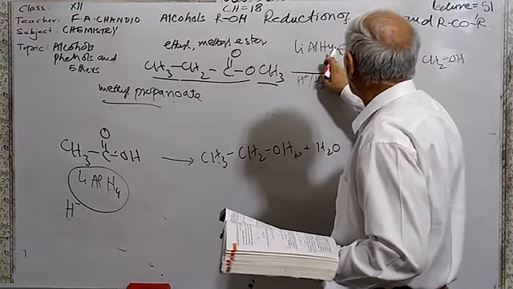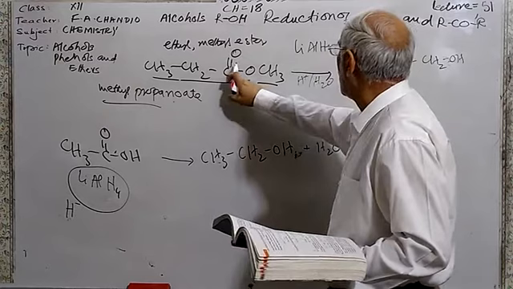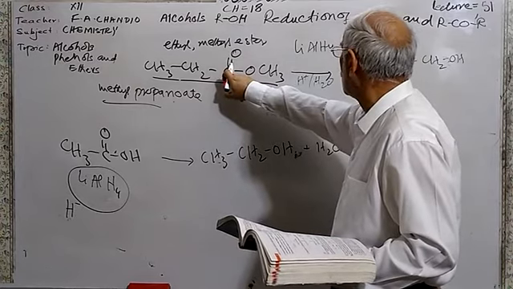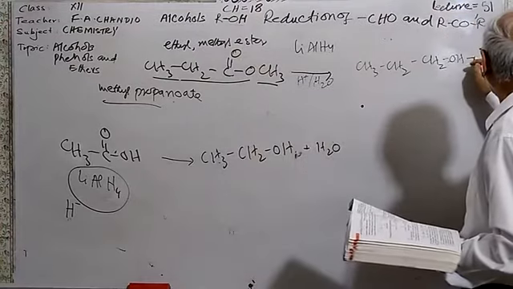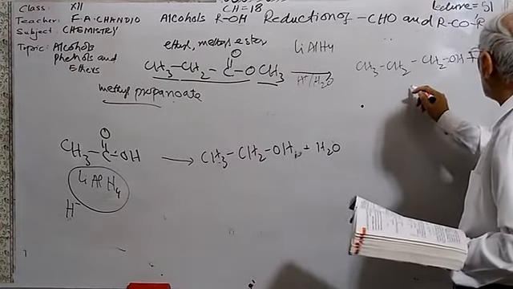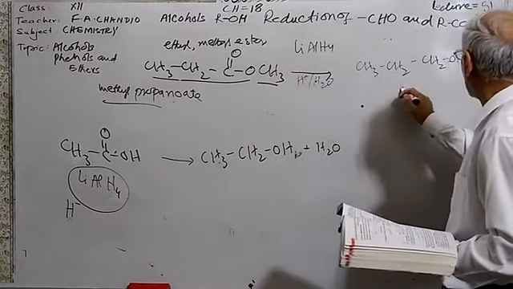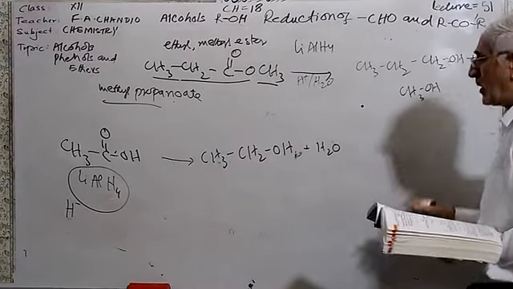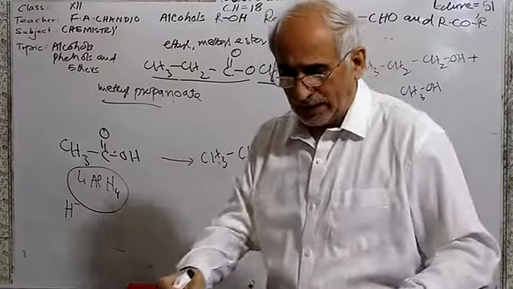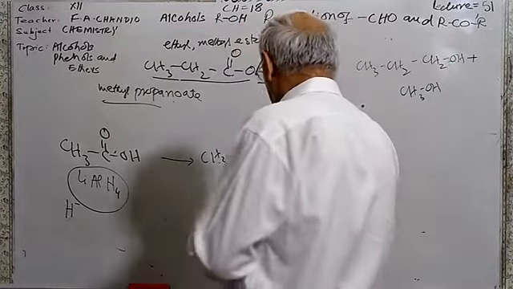The two hydrogens are going to be attached from here to make a CH2, and one hydrogen to make an OH to give a propanol, and there is a CH3, and one remaining hydrogen to make a methanol there. So you will get two kinds of alcohol there.